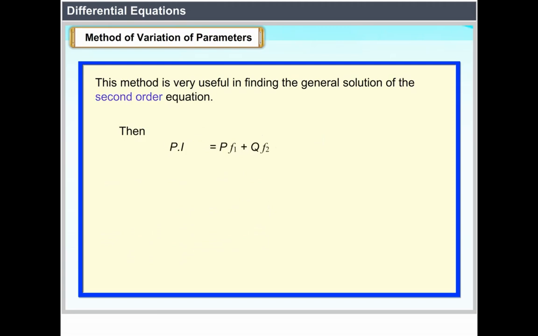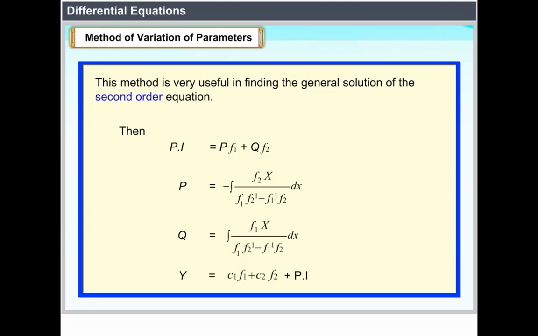Then PI = Pf1 + Qf2, where P = −∫ f2 X/(f1 f2' − f1' f2) dx and Q = ∫ f1 X/(f1 f2' − f1' f2) dx. Y = c1 f1 + c2 f2 + PI.